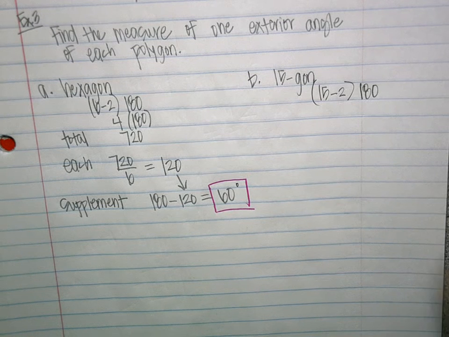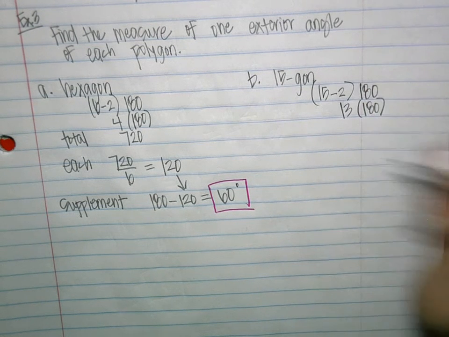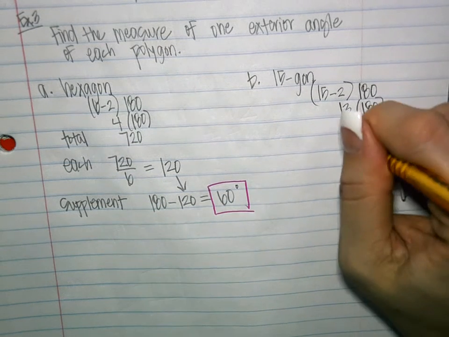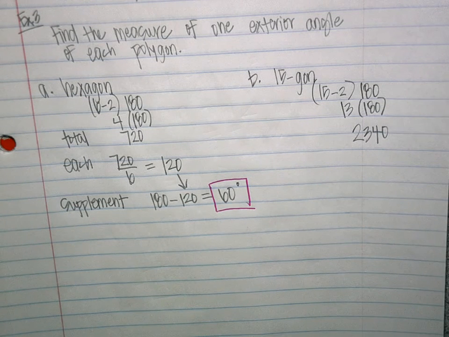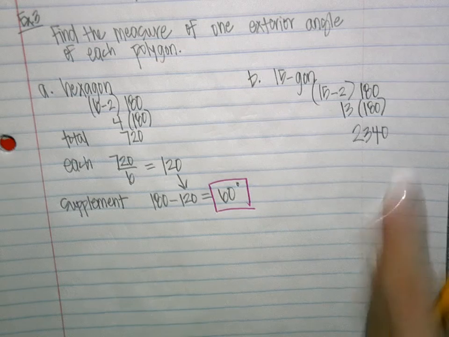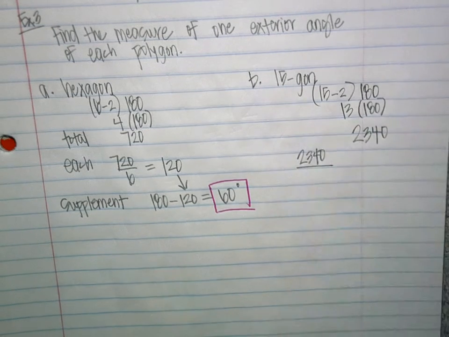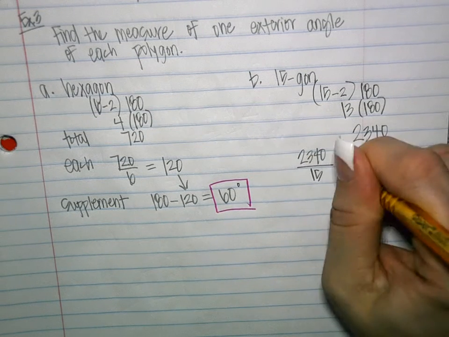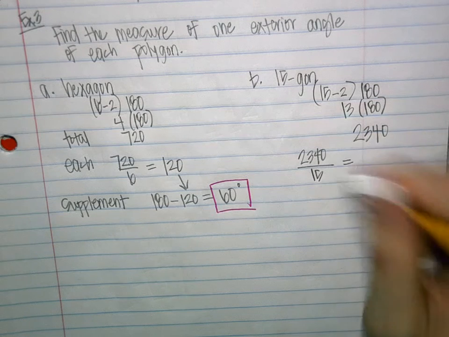So 13 times 180 gives you 2340. Then each one, you'd take the 2340 and divide by 15, because there are 15 sides. That's going to give you a nice whole number. It gives you 156.